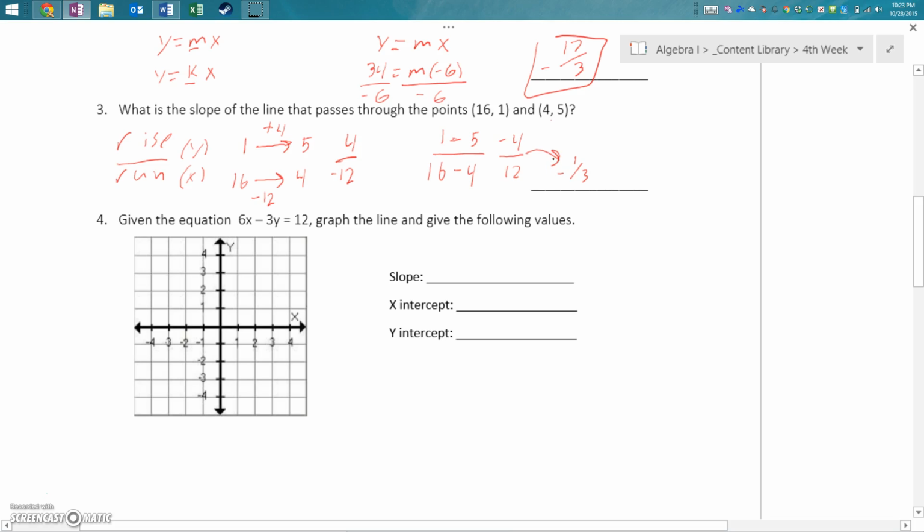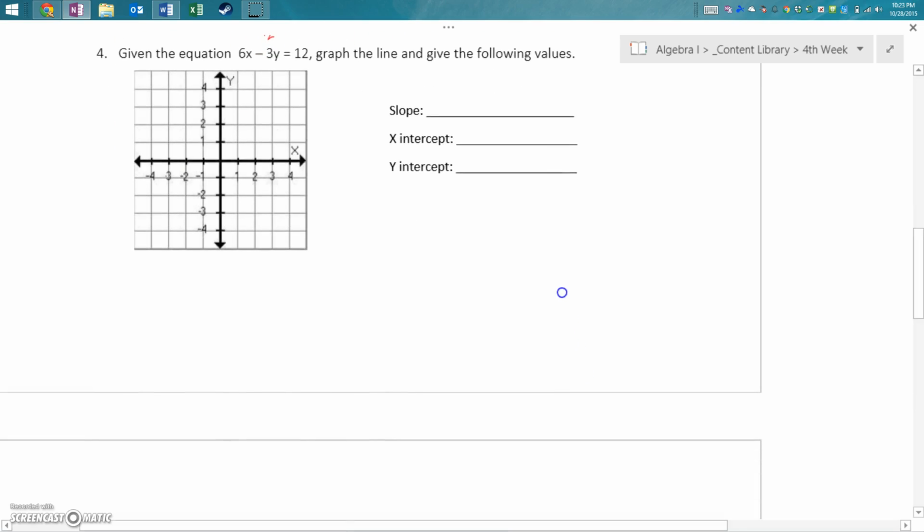There you go. Okay. So for the given equation, graph the line and provide this information. So first things first, there are a couple of approaches here that you can take. First, you can just get the x and the y-intercept, and that might be the easiest thing.